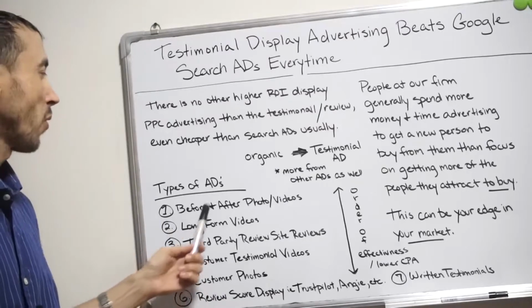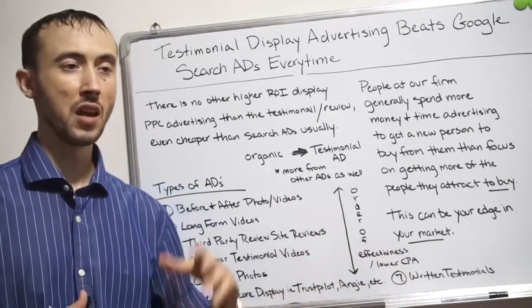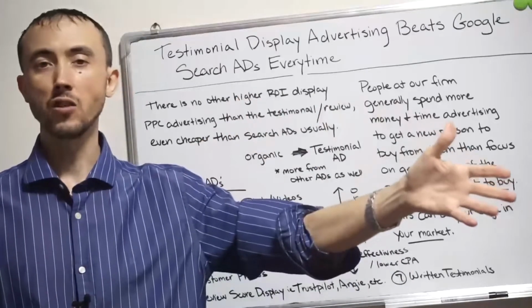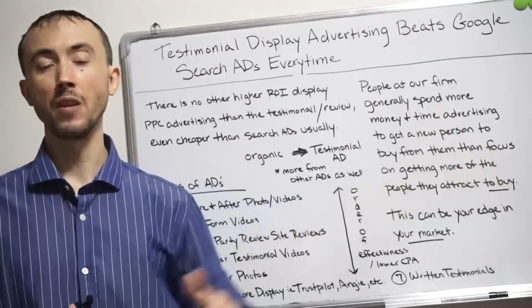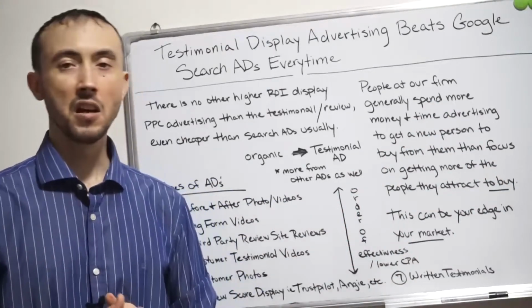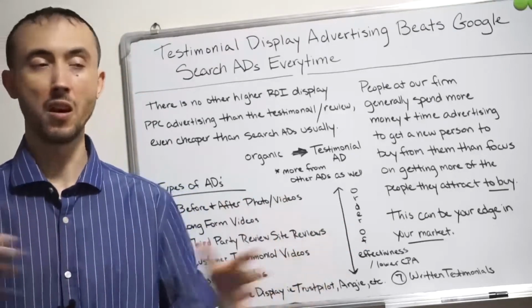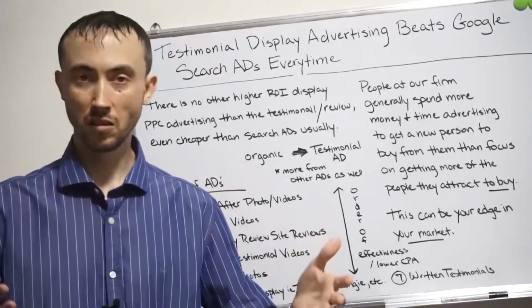The first one is before and after photos and videos. This one is just like it sounds. You've got to ask your customers to send you a photograph if you have a visual result, basically, that can be shown through photography or videography.